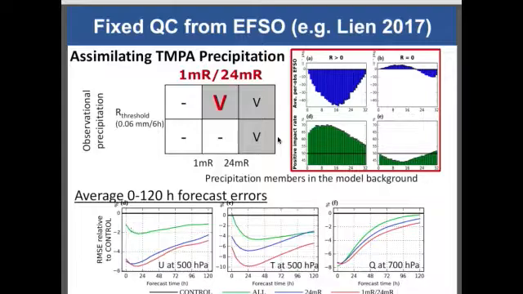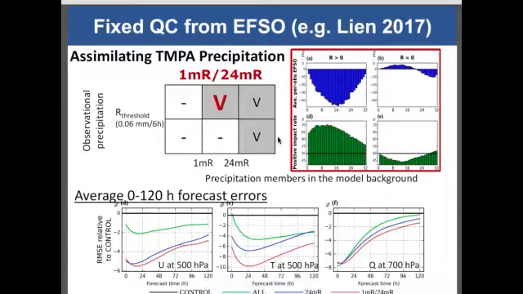By trial and error, he found that the improvement depends on data selection with the precipitating members. He found that 24 members is kind of a magic number for his experiment. If he limits the assimilation of precipitation to cases where the precipitating members are larger than 24, then he gets the blue curve here, a further improvement.